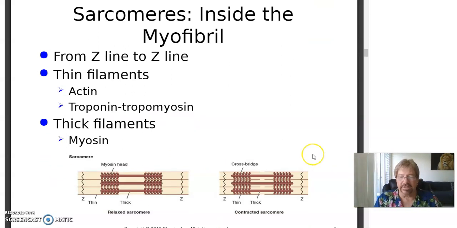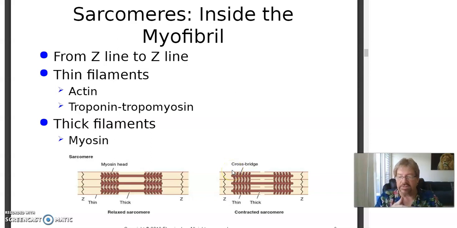Sarcomeres. Okay, we're going to hit this quick, guys. Try to catch the high points of it. Basically, we have these Z lines. And you can actually see these in muscle. And these thin and thick filaments, these actin and myosin filaments, act like little gears or ratchets.